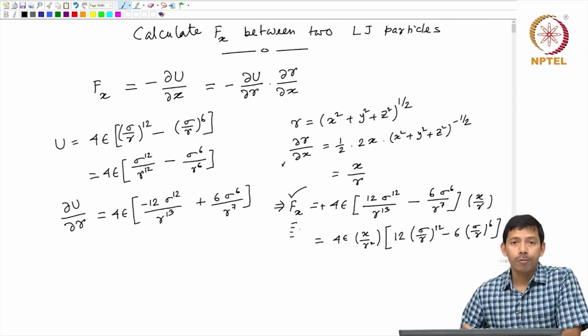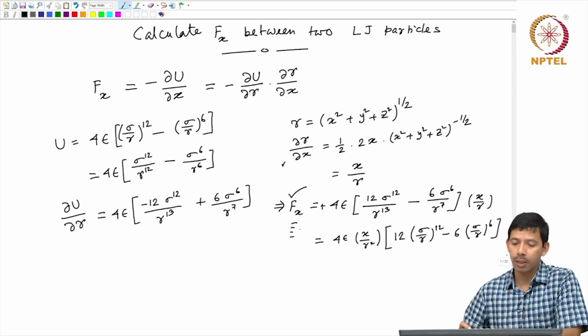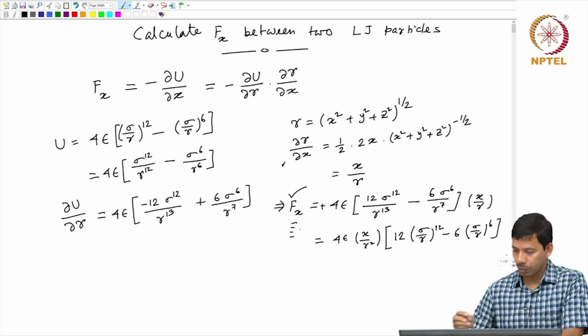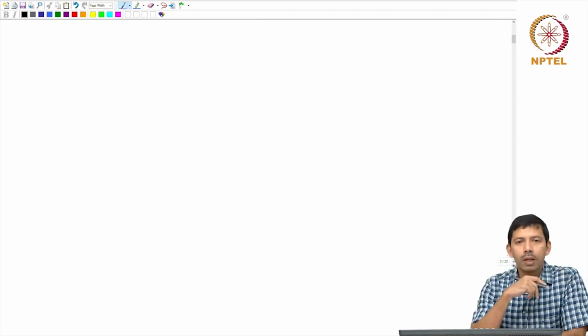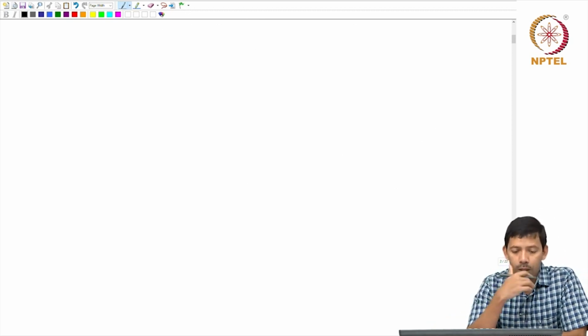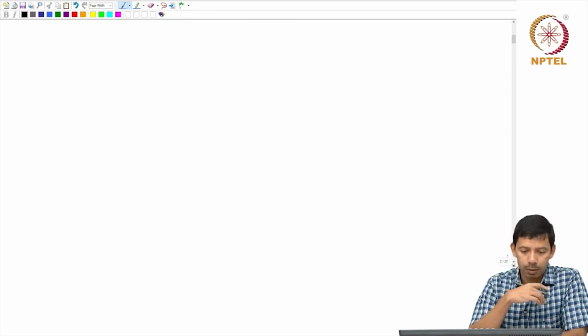Likewise, you can calculate the force between two interacting particles along the y direction, along the z direction, and so on. Now the question is, what is the relevance of calculating the x component of force between the Lennard-Jones particles or between the Coulomb particles?